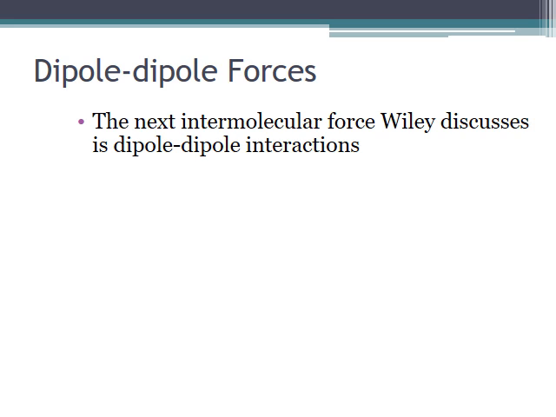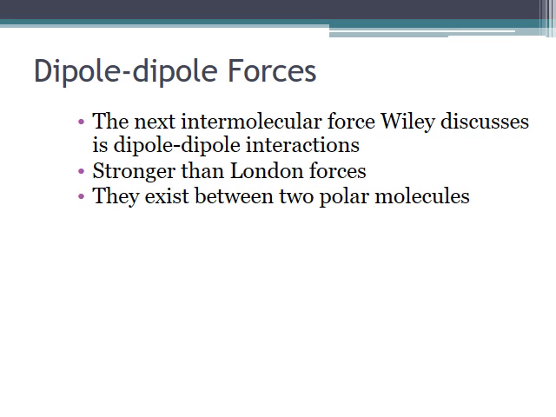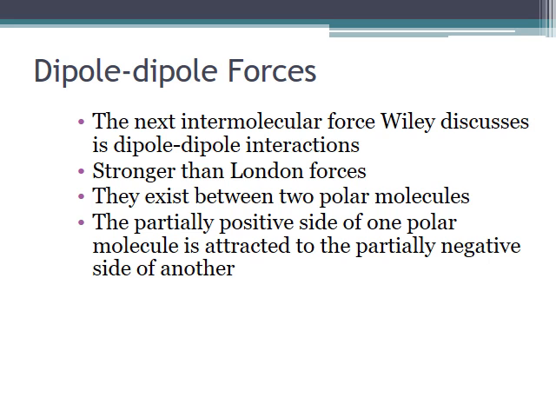So the next intermolecular force is the dipole-dipole interaction. They are stronger than the London forces. Materials that are attracted by dipole-dipole have higher boiling points than materials only attracted by London. And dipole-dipole forces exist between 2 polar molecules. The partial positive side of one is attracted to the partial negative side of another.